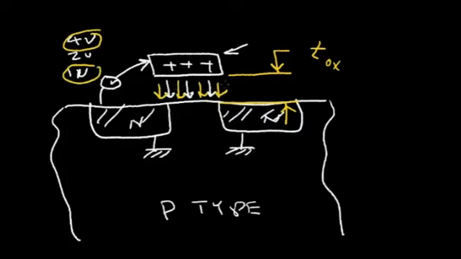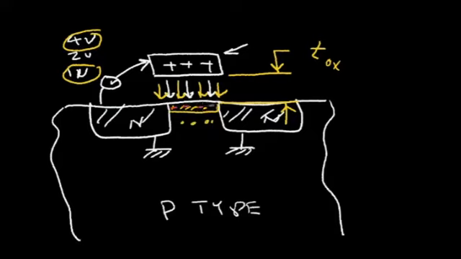And as this electric field is increased, the region at the surface of the wafer in this region is affected. And recall that the electric field is the force on a positive charge, or a hole. So these holes are forced down, and electrons, or negative charge, is forced to the surface.